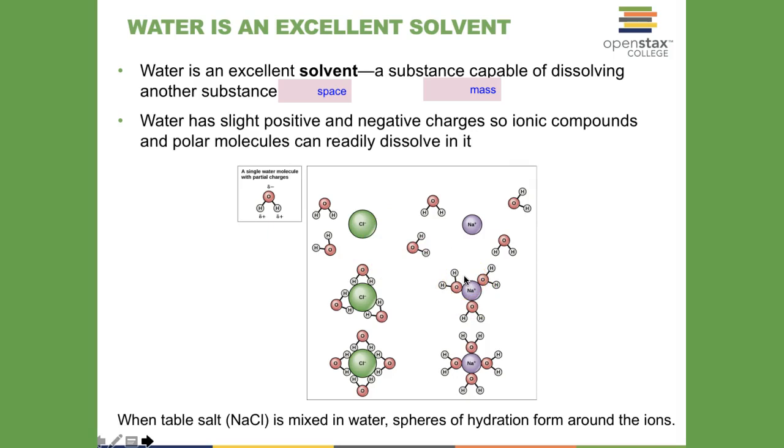So what happens if you put table salt in a glass of water? You mix it up. It dissolves, right? Reason being, your water sits there and breaks it apart. And as you can see, the hydrogens right here, which are positive, attach to the chlorines, which are negative.